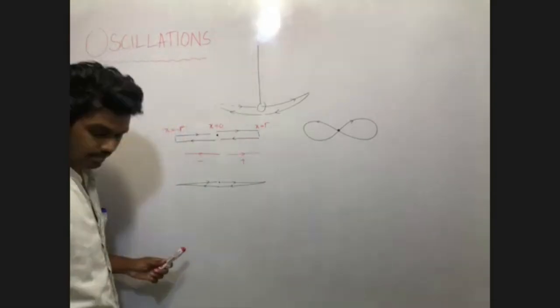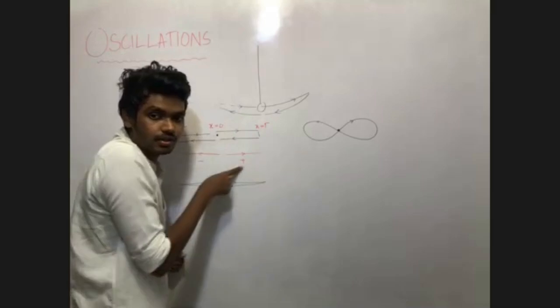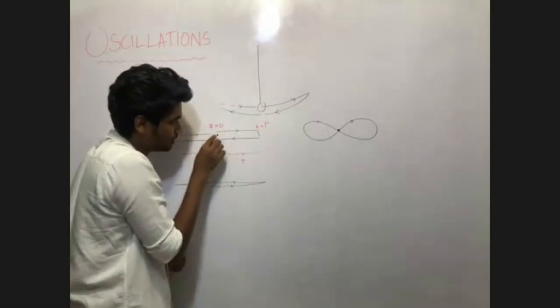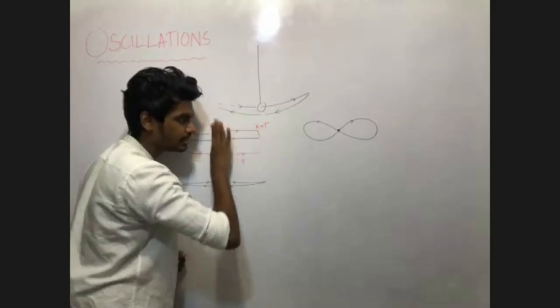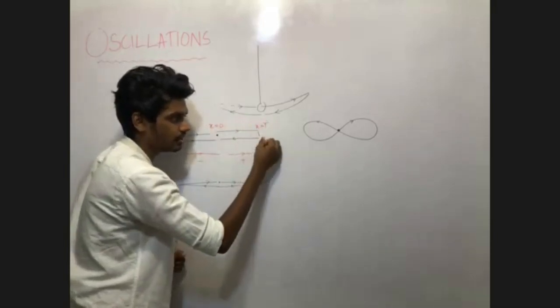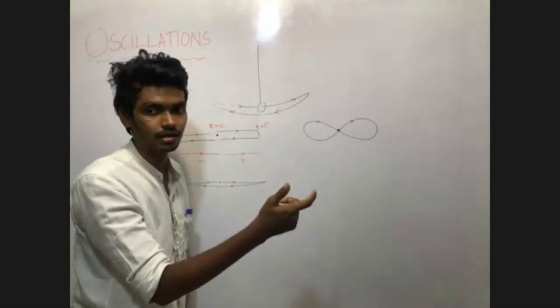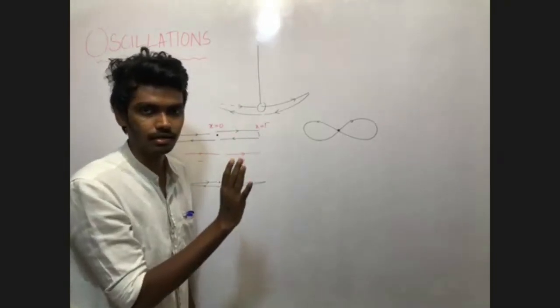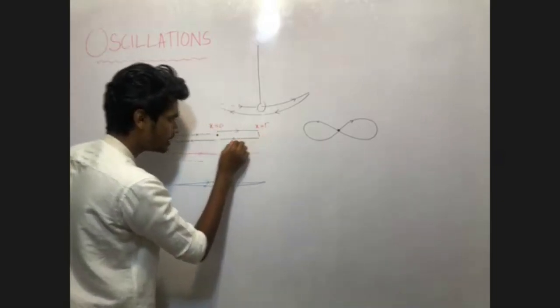We will consider this right hand direction as the positive direction. If this is the center point, when you move towards the right, the displacement increases to around r. After it moves r displacement, it returns back.